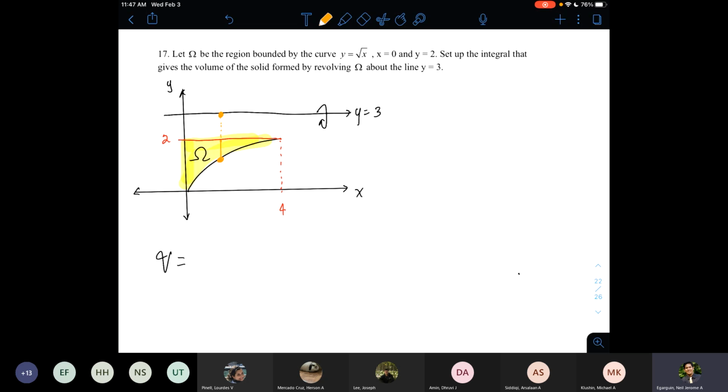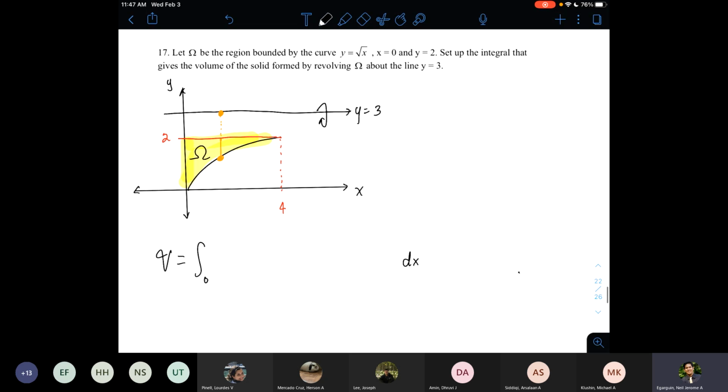A portion of it lies outside of omega. So that means this is a method of washers, right? But nevertheless, the integral will still be an integral in x since I'm using vertical strips. Omega started at x equals 0, and it ended when x is equal to 4. So the bounds would be from 0 until 4.